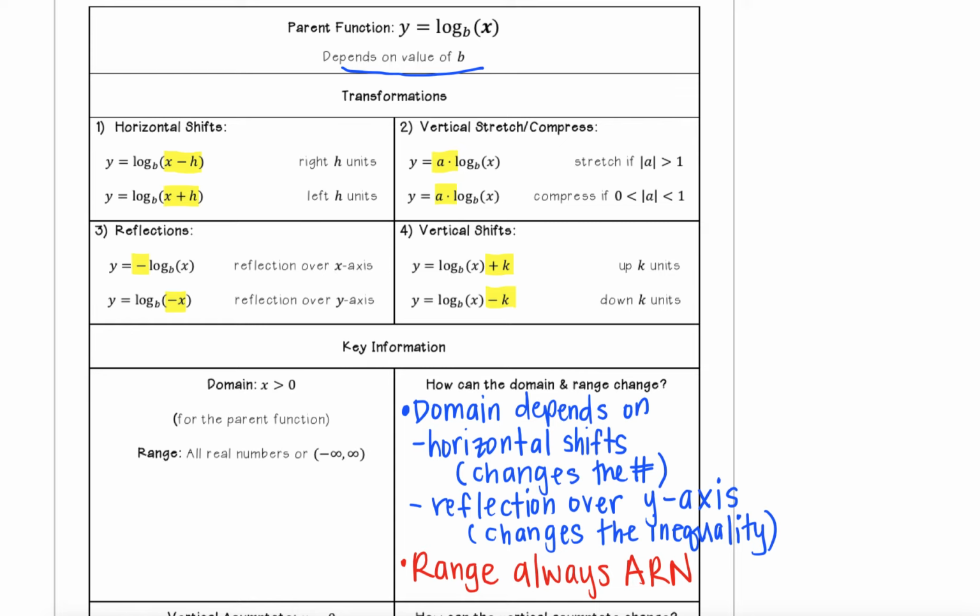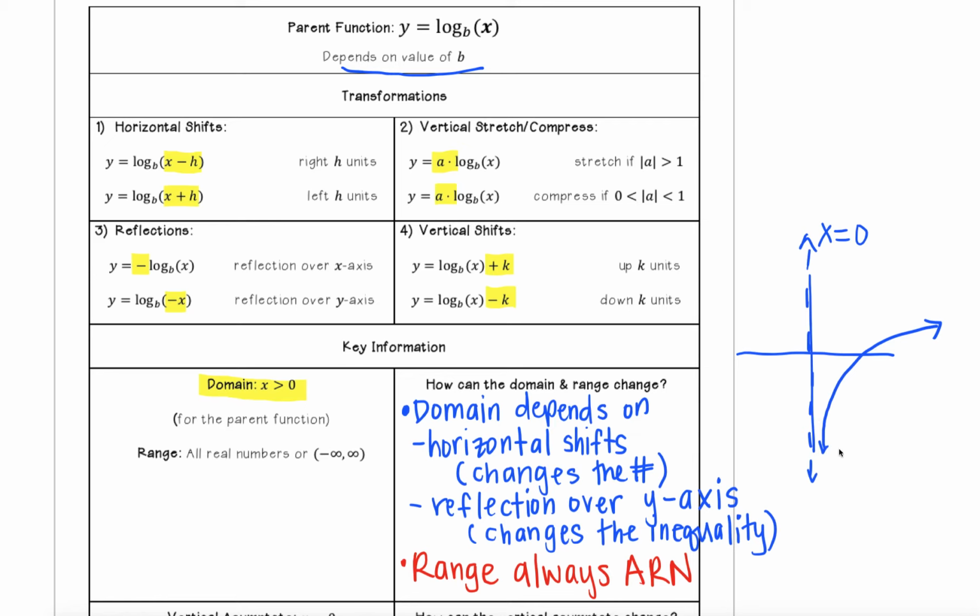So as a review from up above, our domain starts off with x is greater than 0. Because in that standard log graph that we had, let's assume it came from an exponential growth, then it's slowly growing over time, and we have that vertical asymptote right here at x equals 0.